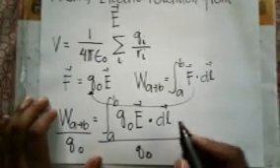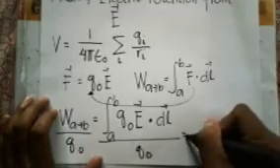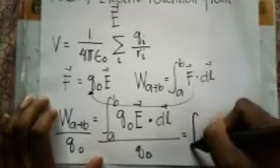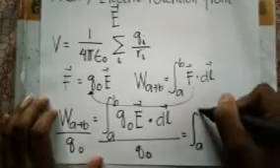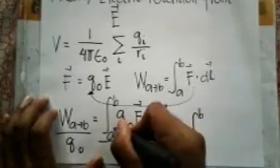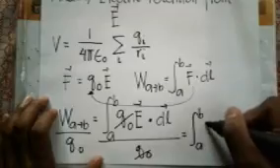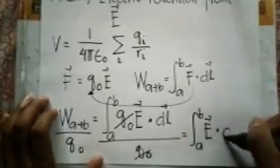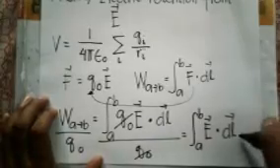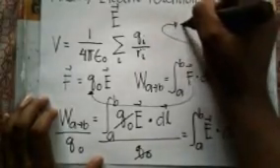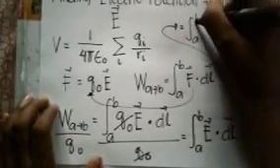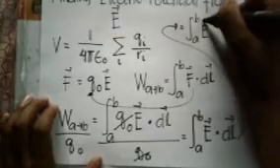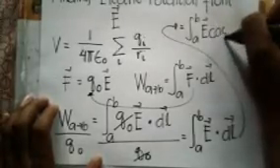then we got the integral from point A to point B. The q naught will be cancelled, so we have the electric field times dl, and this is also equal to the integral from point A to point B of E, our electric field, cosine phi dl.